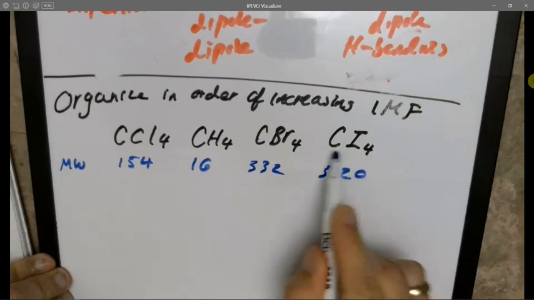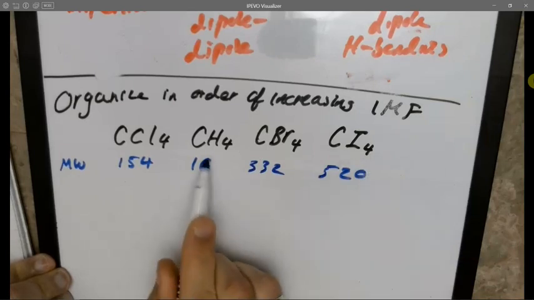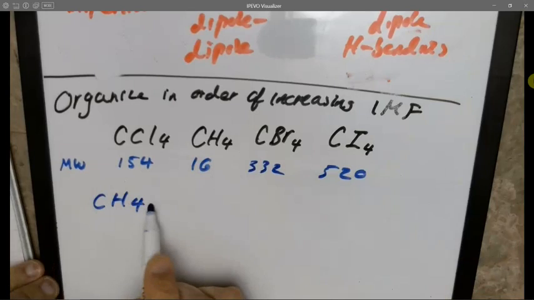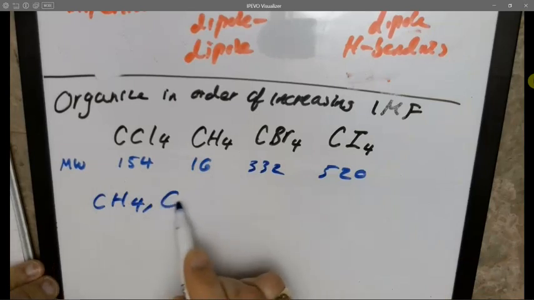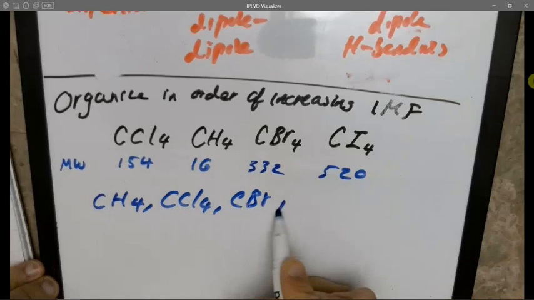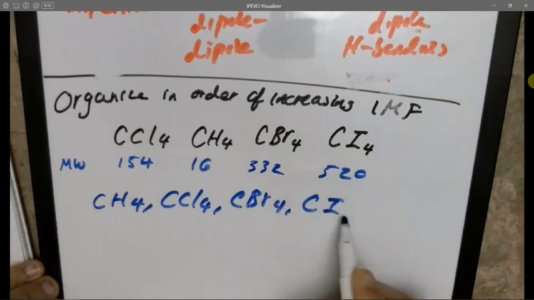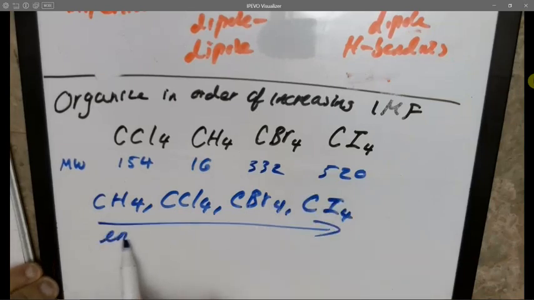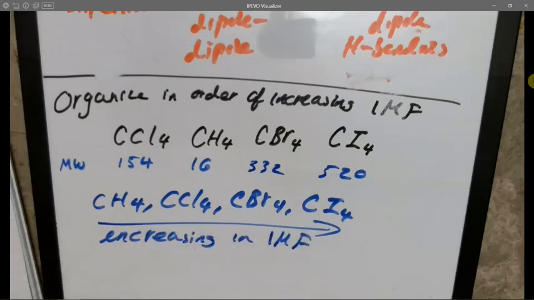So this is the strongest and this is the weakest. I'll organize them that way: CH4 followed by carbon tetrachloride, CBr4, and CI4. Because they're increasing in size, they're increasing in intermolecular forces. Okay, so hopefully this makes sense.